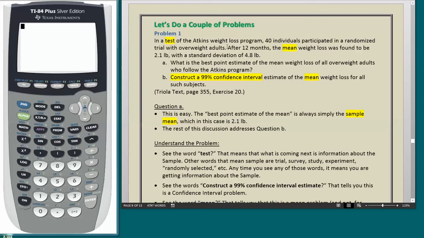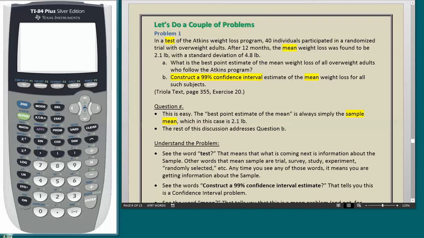There are two questions here, A and B. A, what is the best point estimate of the mean weight loss of all overweight adults who follow the Atkins program? And B, construct a 99% confidence interval estimate of the mean weight loss for all such subjects. And again, this problem is right out of the Triola text, page 355, exercise 20.